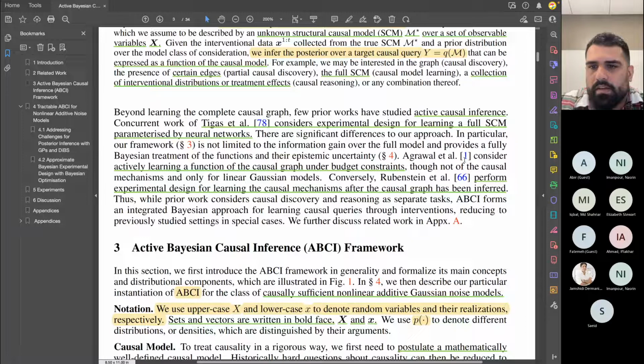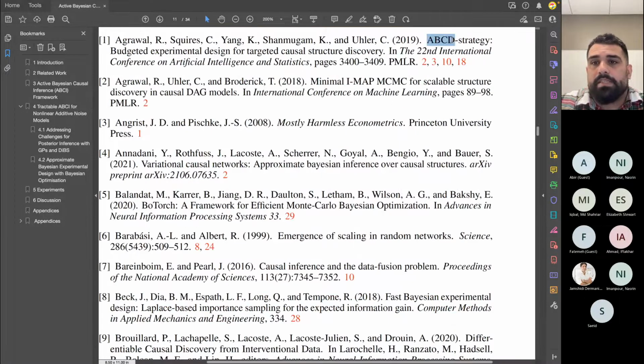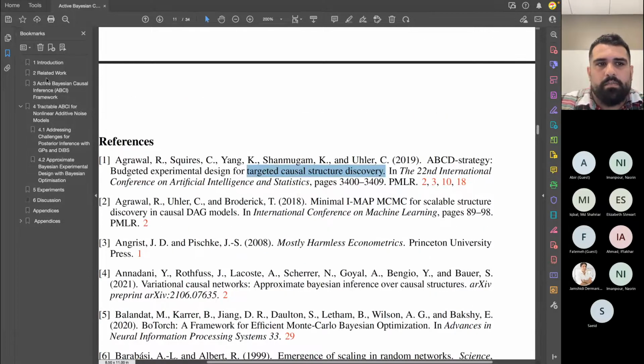So if I click on this over here, this is the name of this paper, ABCD strategy, budgeted experimental design for targeted causal inference discovery. So this is only for discovery and not reasoning, but they got the idea from here.